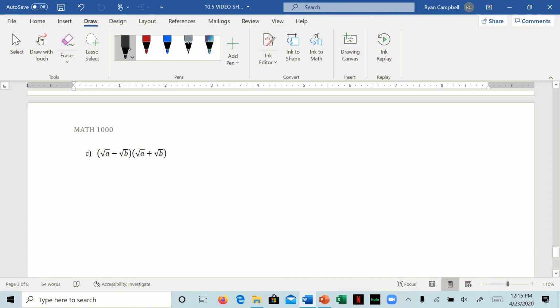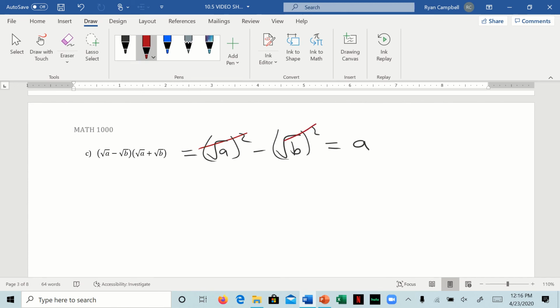When you have one term times another term where it's subtracted and added, right? Notice it's just going to be the first term squared minus the second term squared, which in this case would just be, square root and squares cancel. So we get a, square root and roots cancel, minus b.